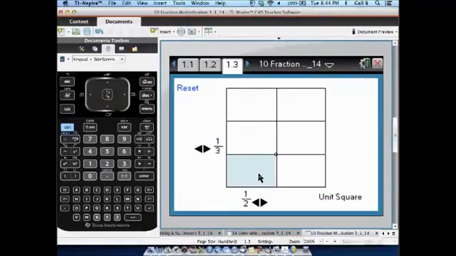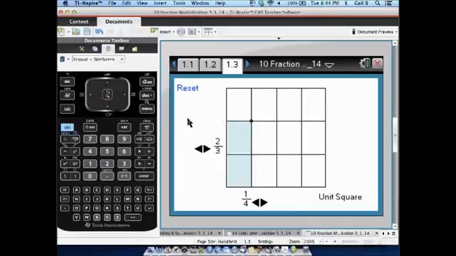Sure. So the multiplication file really works off the area model. What one does, with this particular file, is think of the 2 factors as representing linear dimensions along the sides of a unit square. So for example, I was going to model 2/3 times 1/4.